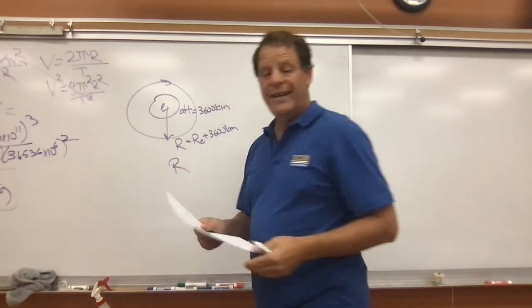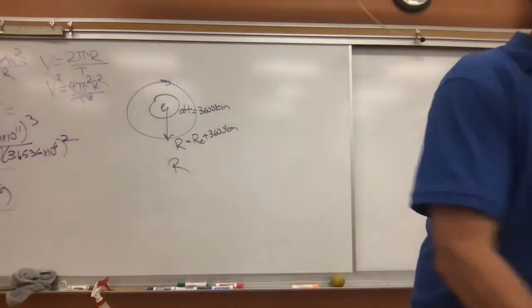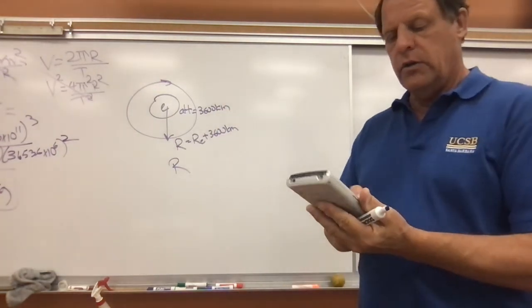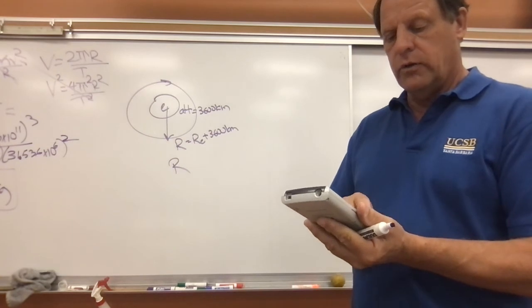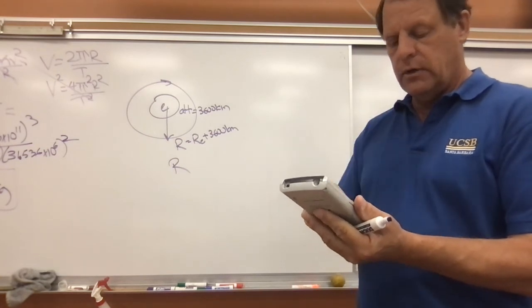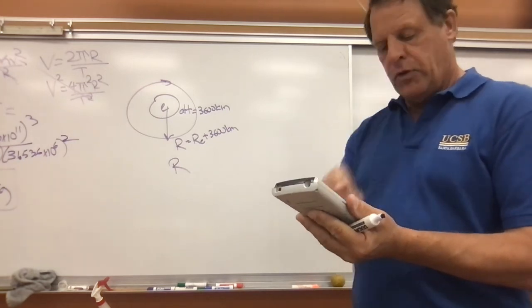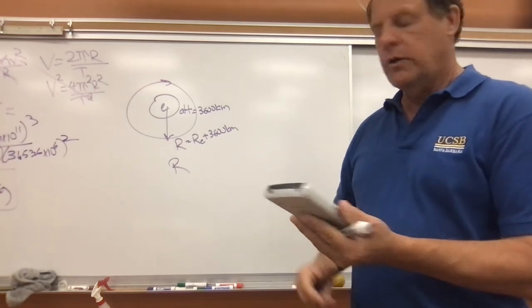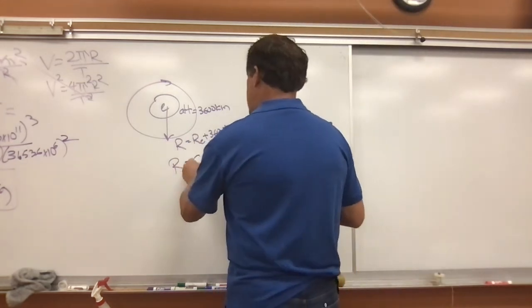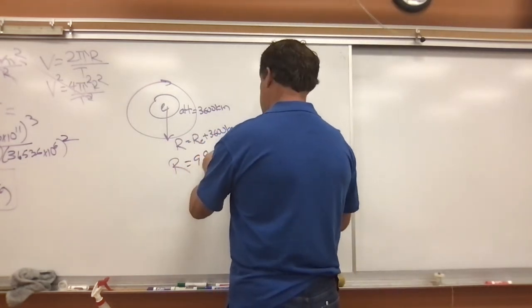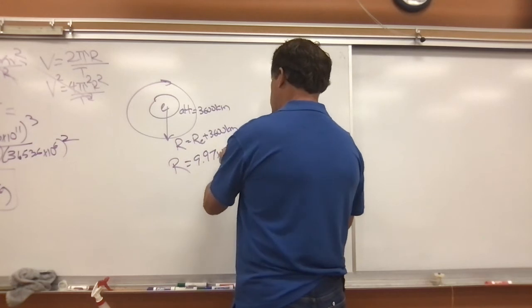So our total radius at that point is 3,600 times 1,000, which puts it in meters, plus 6.37 times 10 to the 6, which is the radius of the Earth. And we get 9.97 times 10 to the 6th meters.